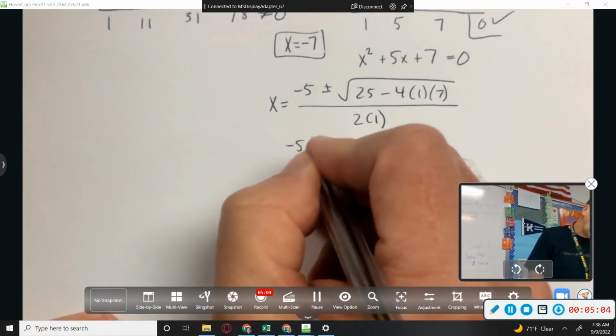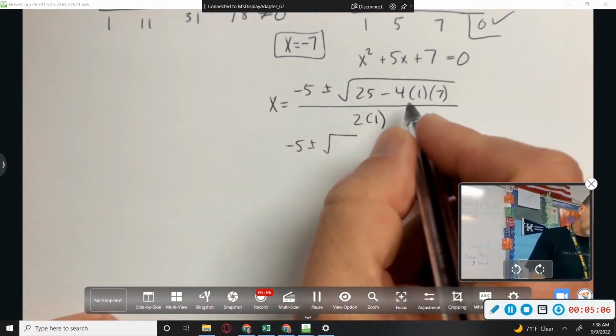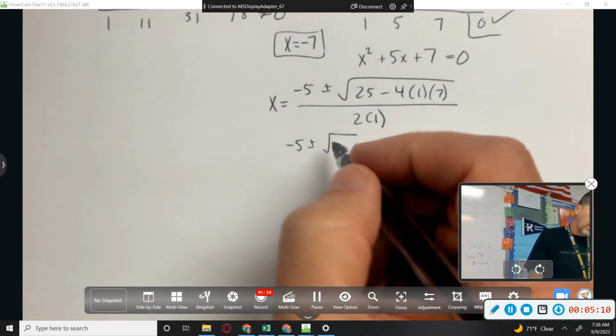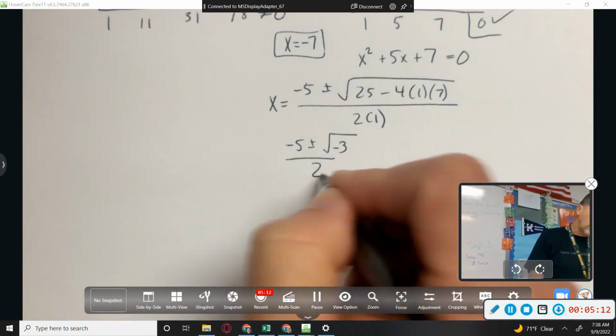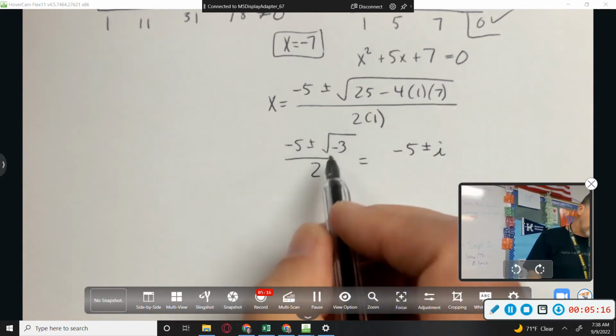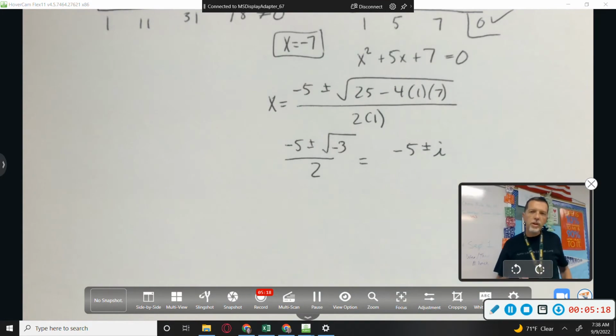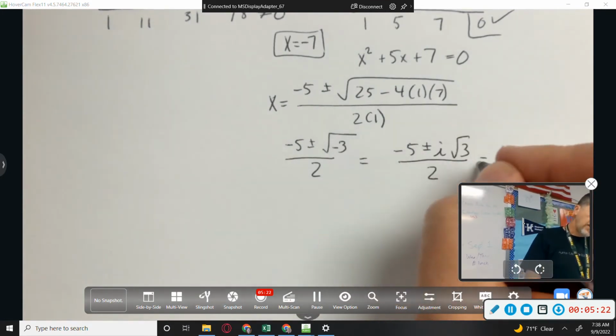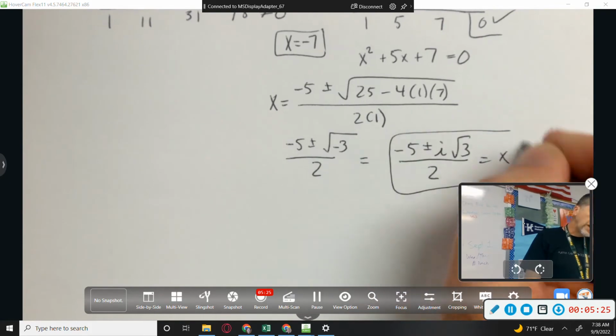So negative 5 plus or minus the square root of 25 minus 28 is negative 3, all over 2. So the negative in the square root comes out as an i. And there's our other two answers.